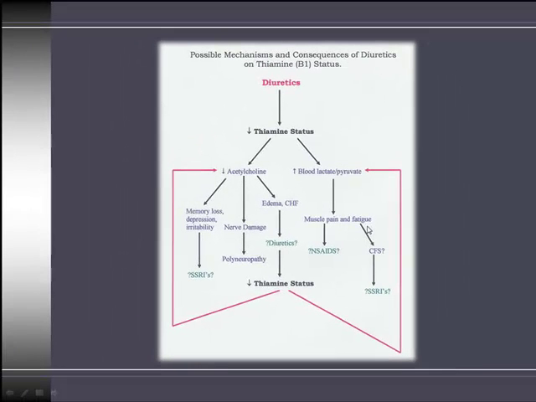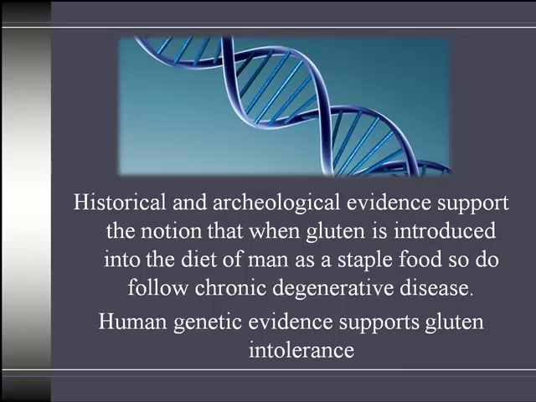So the downstream or long-term effects of gluten-induced malnutrition can affect multiple organs, multiple tissues, and multiple systems, and lead to a host of different types of problems. I want to get into now a little bit of the historical and archaeological perspectives on gluten.